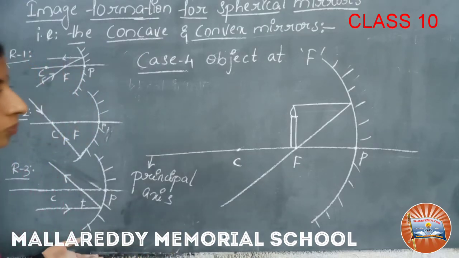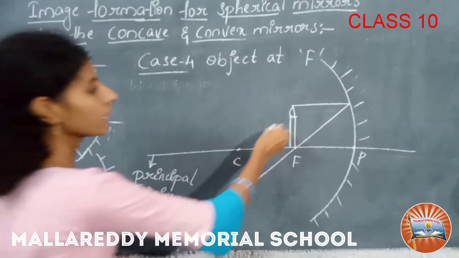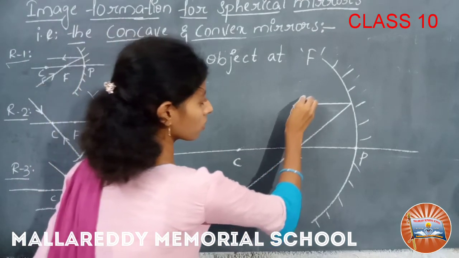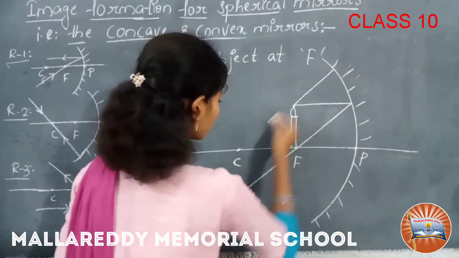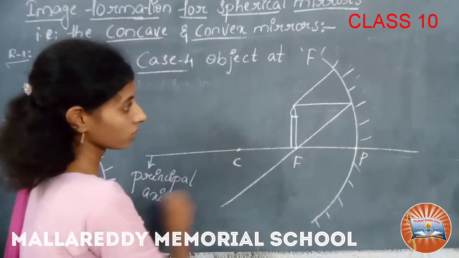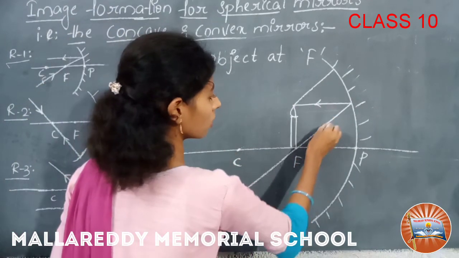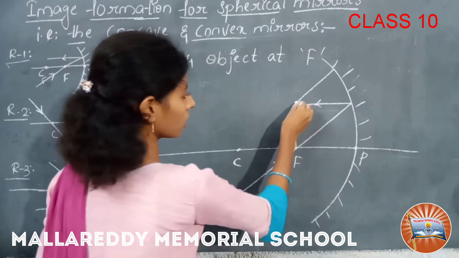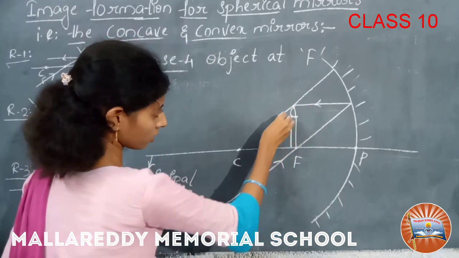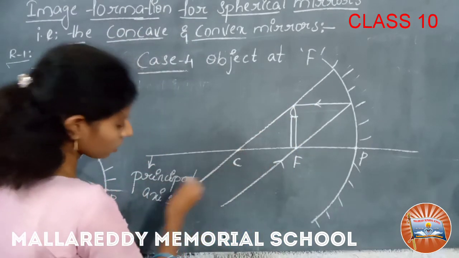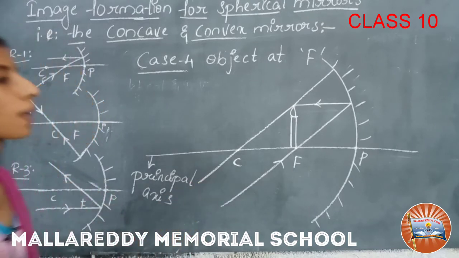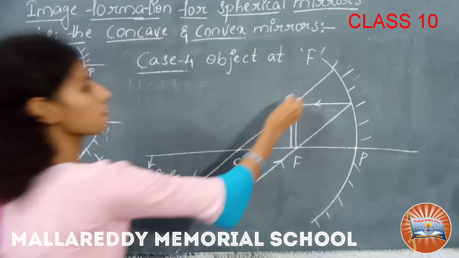So now when the ray is incident on the mirror through this center of curvature, we know it is reflected through the center of curvature only, right?